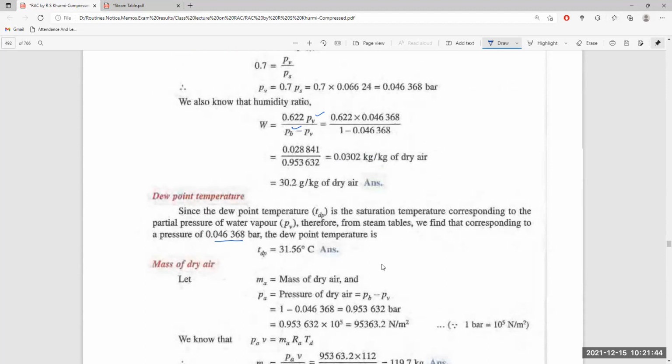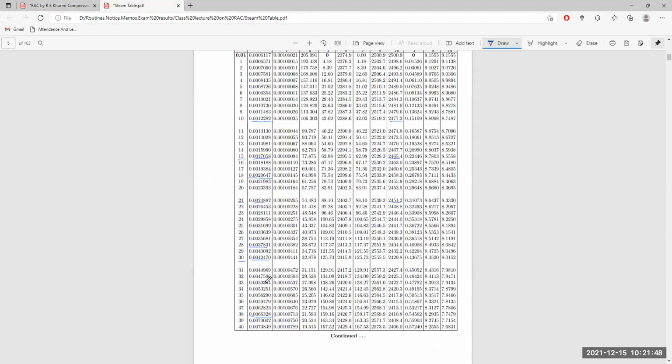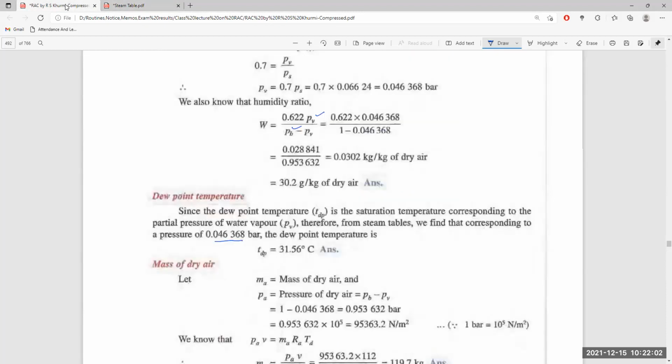The dew point will be 31.56, more or less in between these two values. So this will become 31.56, that is the dew point temperature.